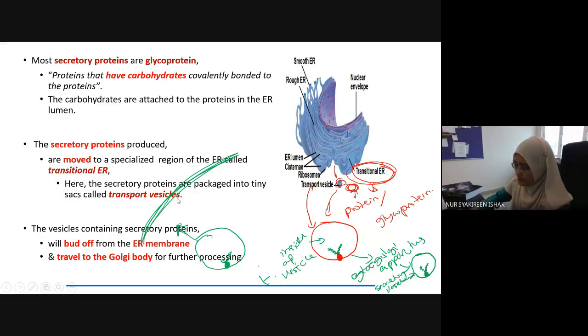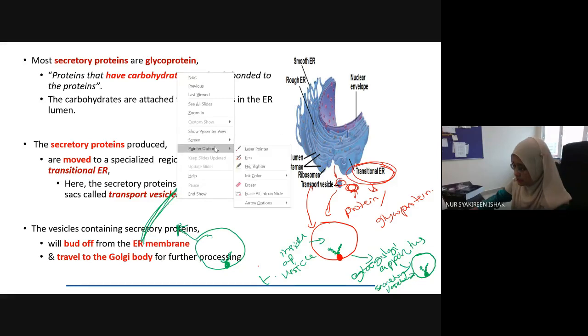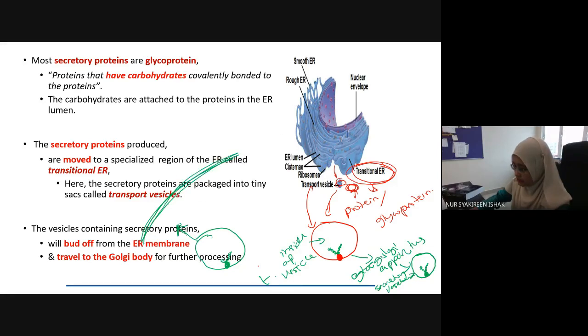Diagram saya pun saya tak buat. So dia akan fuse. So bila fuse, tengok the glycoprotein now, okay, asalnya dia facing inside of the vesicle, now it will face the extra fluid region. So ini adalah region yang ada extra fluid region, extracellular fluid region.